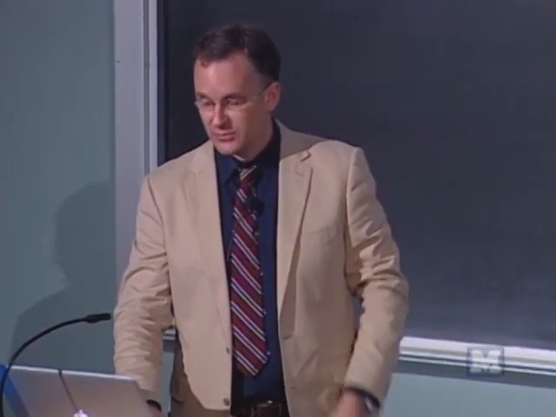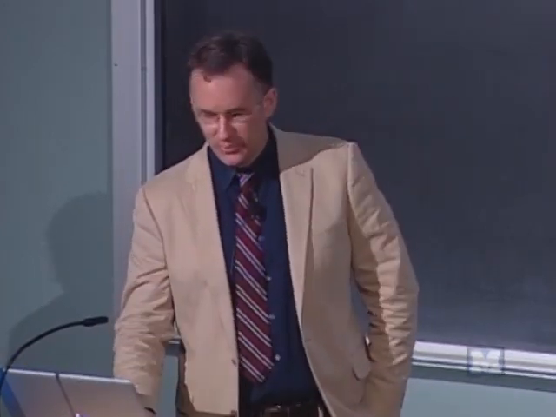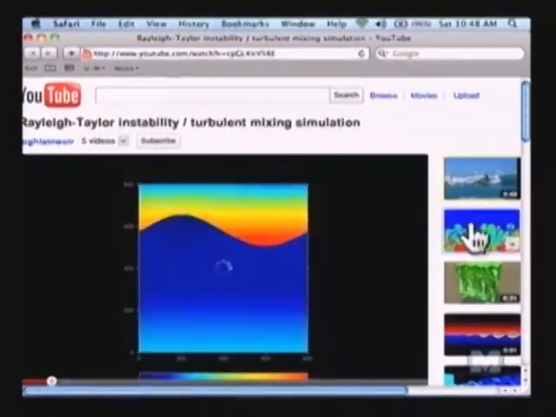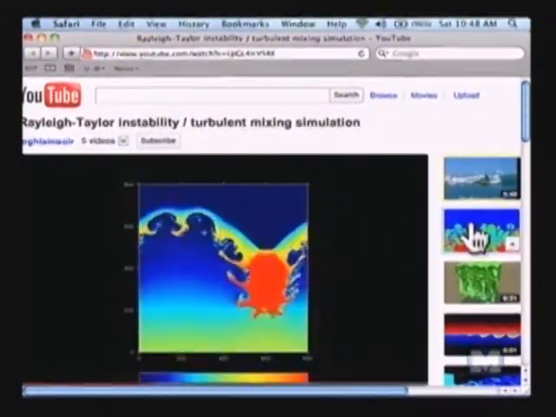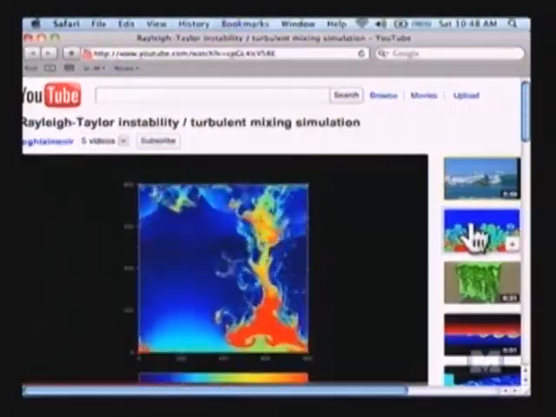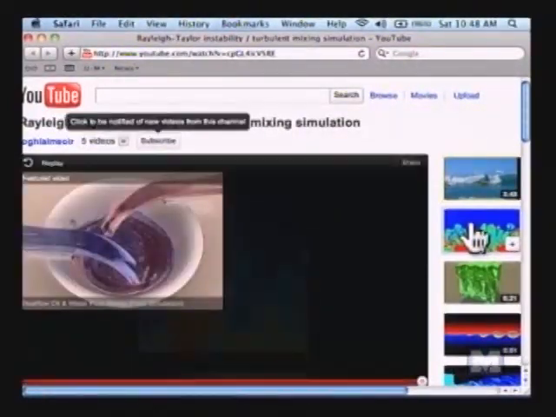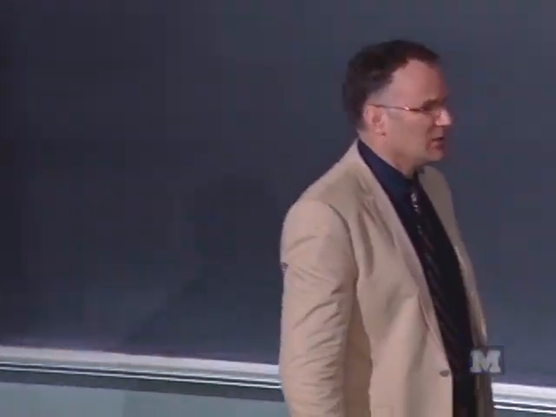then you can get turbulence. So I just showed you one animation of Poiseuille flow. I like this one even better. This is Rayleigh-Taylor instability. That's really, really complicated, right? If you look at something like that, you can just imagine it's a lot harder to understand than something like that.